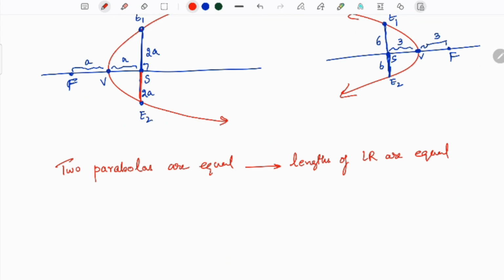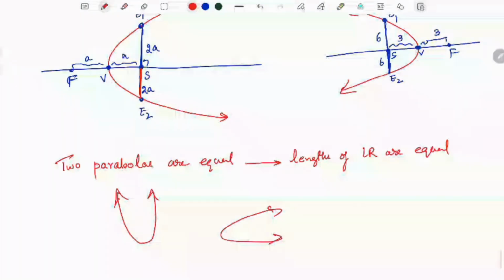If suppose I draw one parabola like this, and I draw another parabola like this. You can take one parabola, rotate it, and make it coincide with the other parabola exactly, if the lengths of the latus rectum are equal. In simple language, two parabolas equal means lengths of latus rectum equal.